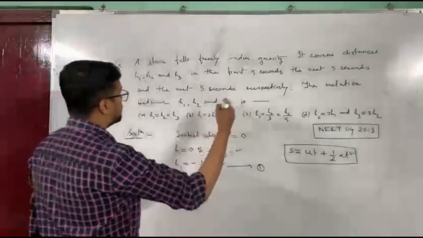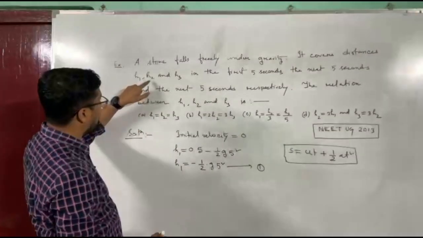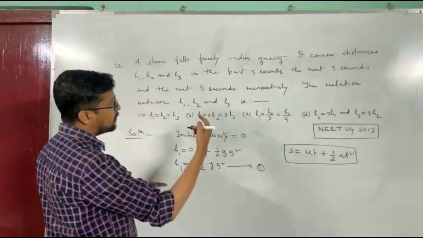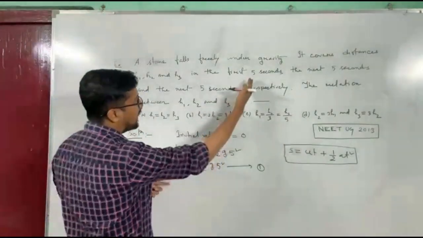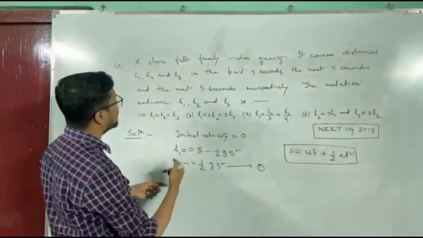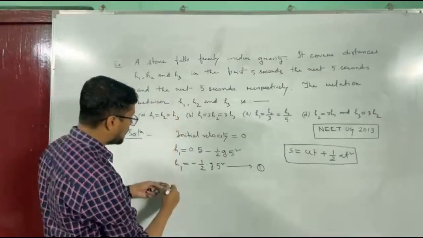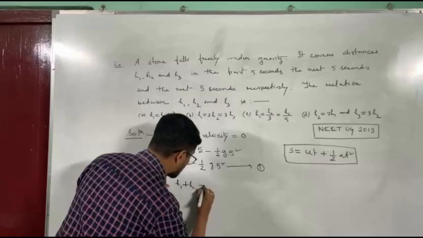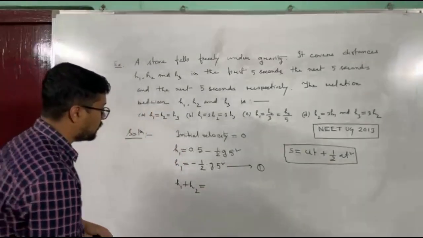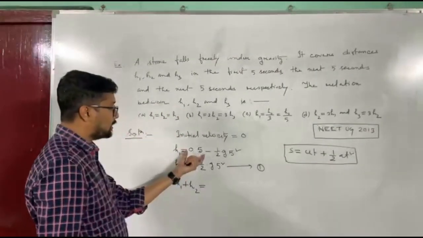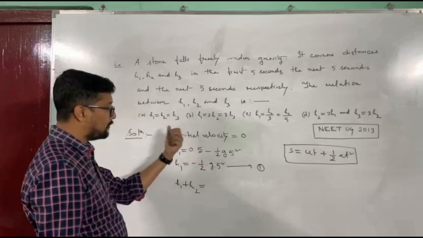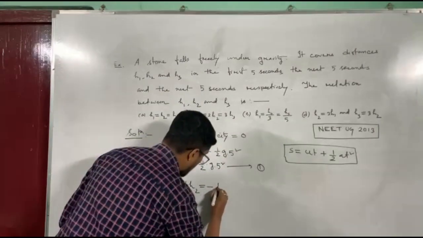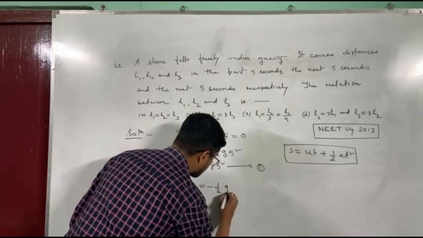So for the next 5 seconds, it has further covered h2 displacement. So what we can write is, in total 5 seconds and 5 seconds, in 10 seconds, the stone will cover a net displacement of h1 plus h2, which will be equal to, I am not going to write this part again because initial velocity is anyway 0. So I am directly adding this part, which is minus half into g.